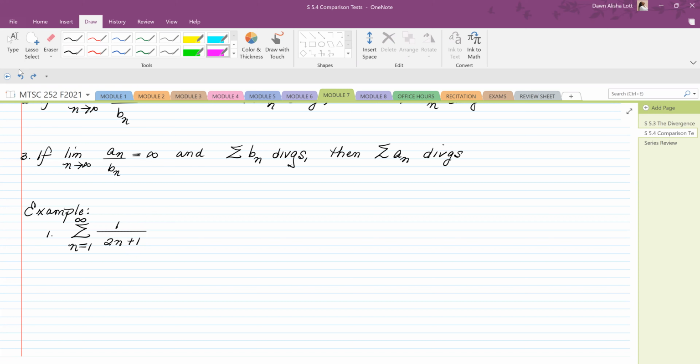So let's pull out the 1/2 for a moment. I'm going to factor out the 1/2. And that gives me the sum n equals 1 to infinity of 1 over n plus... No, it does not. It gives me 1 over n plus 1/2.